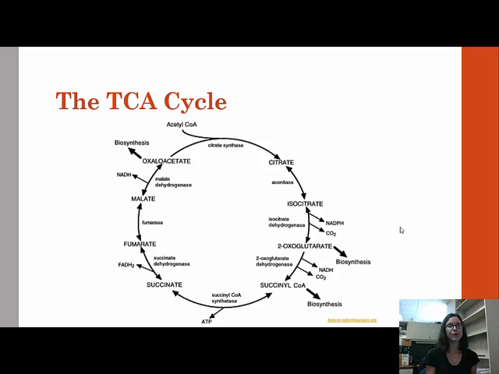So here is our beautiful TCA cycle. And let's just go through it quickly. We'll come back to it a little bit later. But you can see we have a number of steps. And what's happening here is that as one substrate is transformed into another substrate, it's being oxidized and reducing, at different steps, these electron acceptors so that they can go to the electron transport chain and create energy.